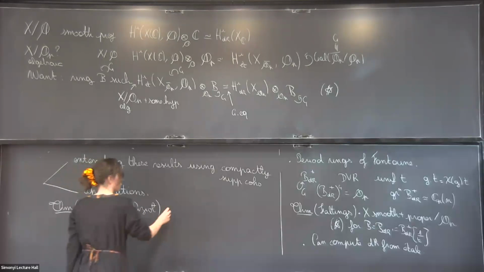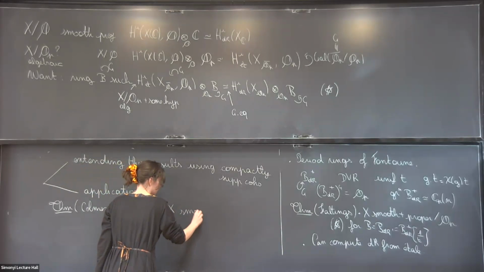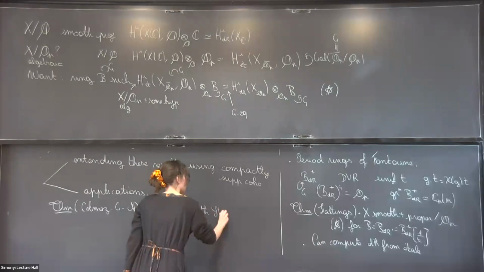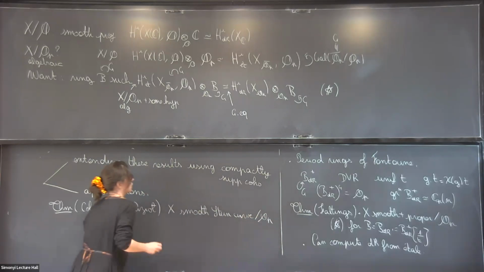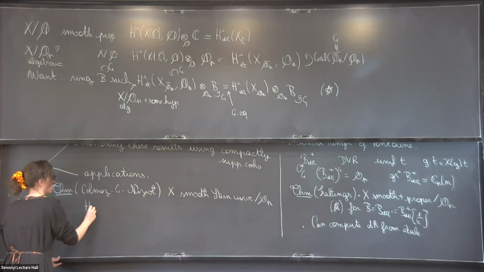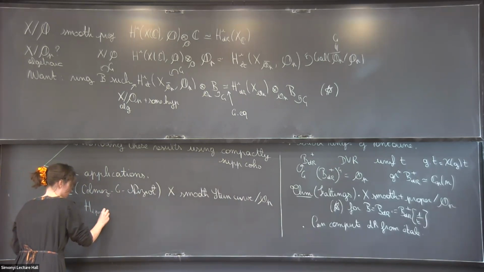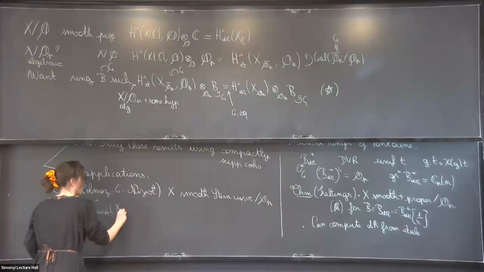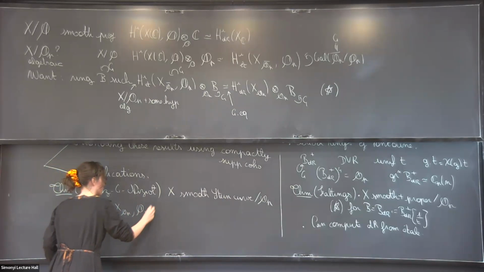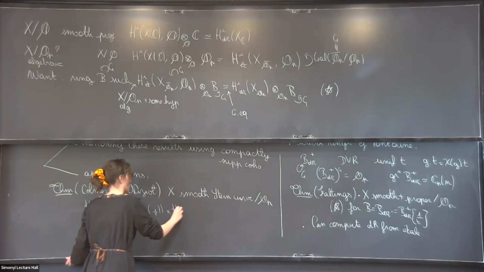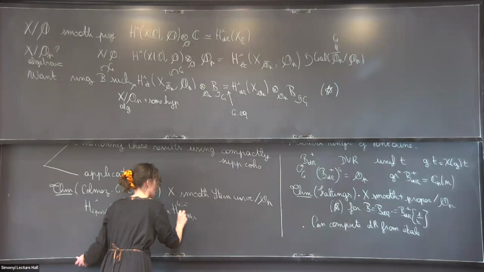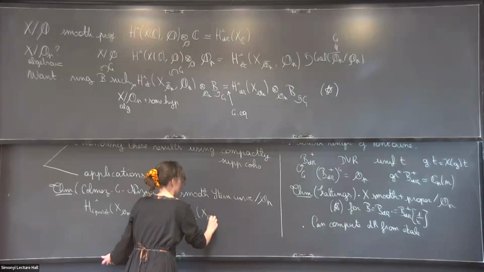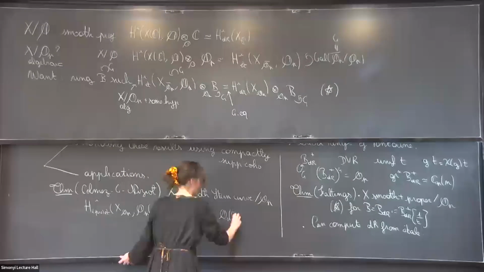We have proved that for X a smooth Stein curve, so we are in dimension 1 over Q_p, we have a duality between the pro-étale cohomology of X_{C_p} and the compactly supported cohomology of X_{C_p}, with Q_p(2) minus j.